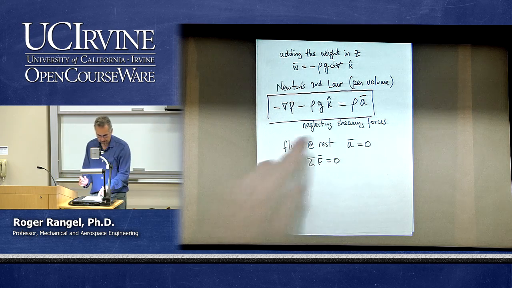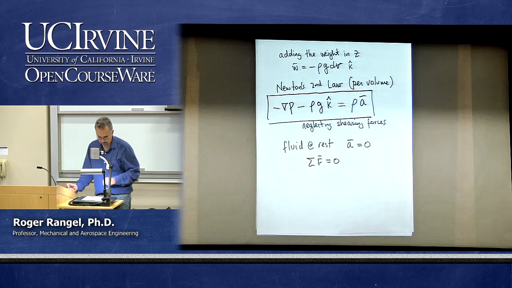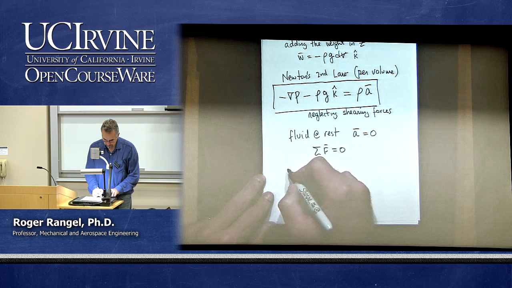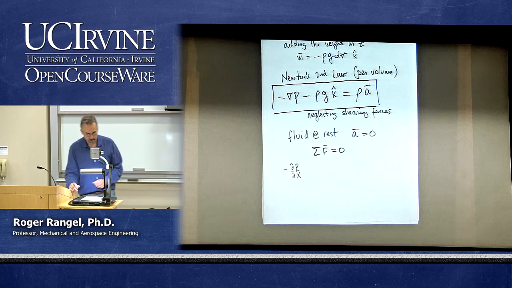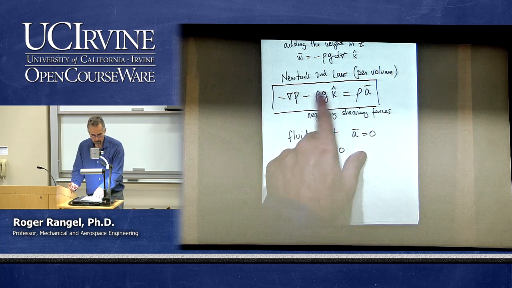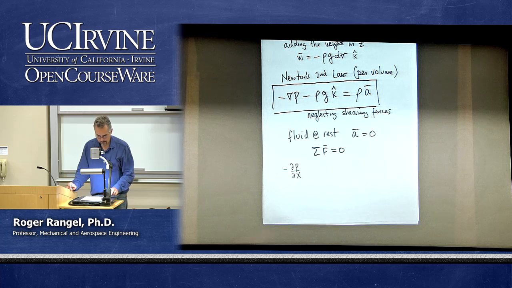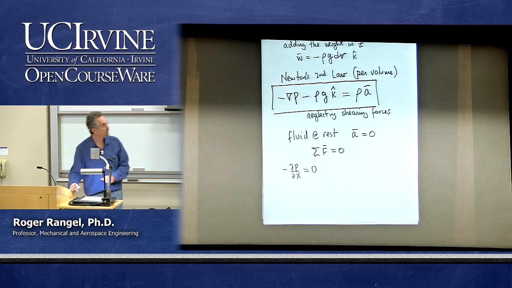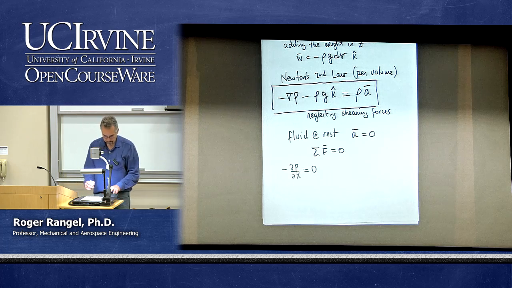So if I assume that the fluid is at rest and write this down in its components, then it reduces to the following. In the x direction, the component of the gradient is minus dp dx. There is no component of the weight in the x direction, and we said there is no acceleration, so it reduces to the statement that dp dx is 0.